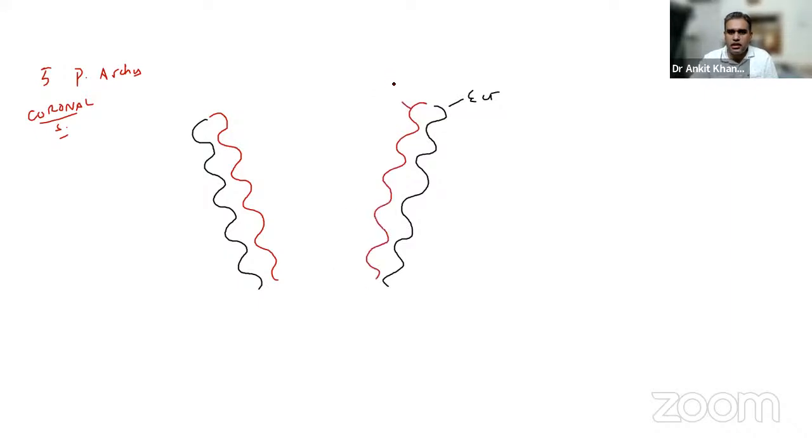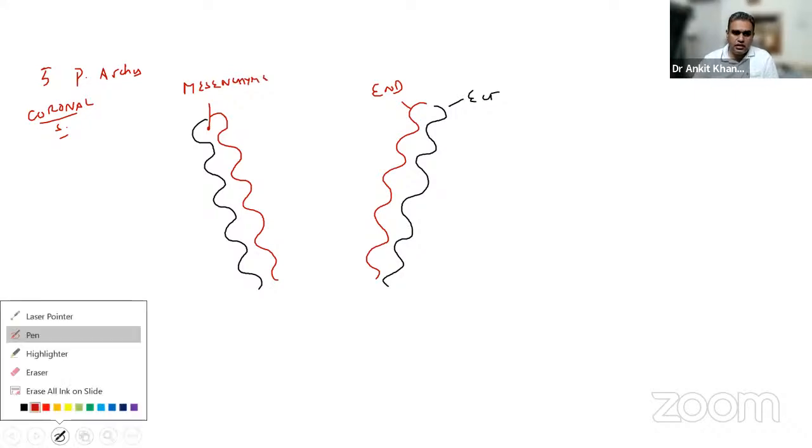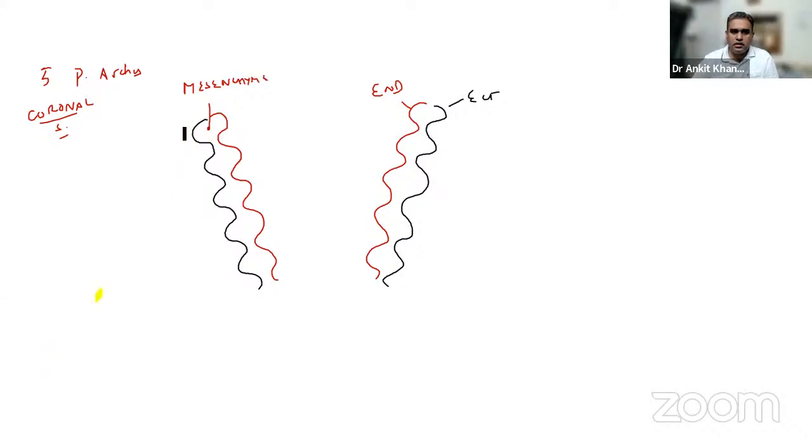Try to understand, this is ectoderm, this is endoderm, and in between is the mesoderm area. It can also be called mesenchyme or mesoderm. Now this entire thing becomes one arch, which includes ecto, meso, and endo. All this is the first arch. This is the second arch, and likewise third, fourth, and sixth.